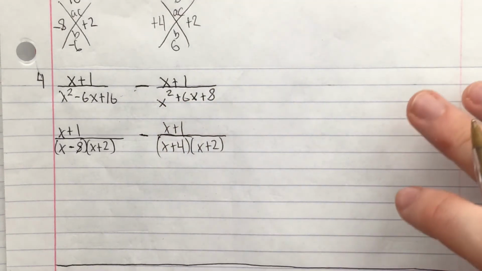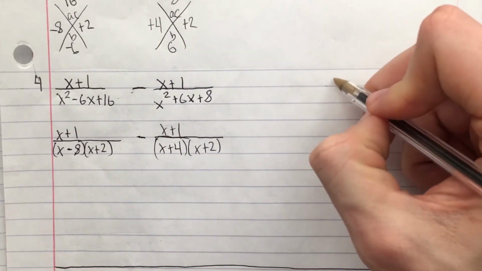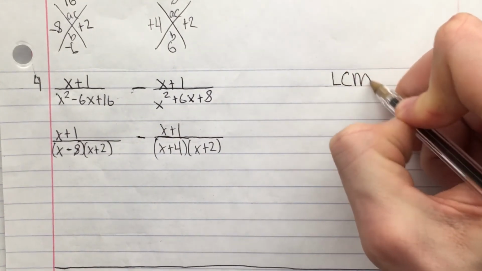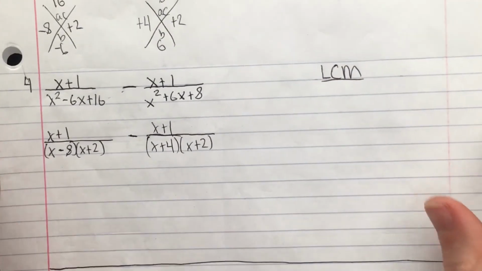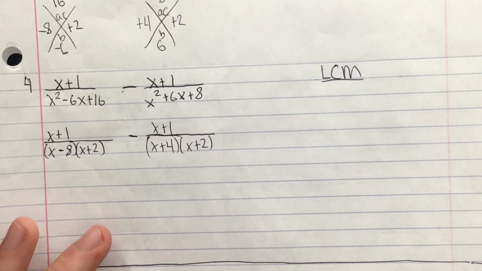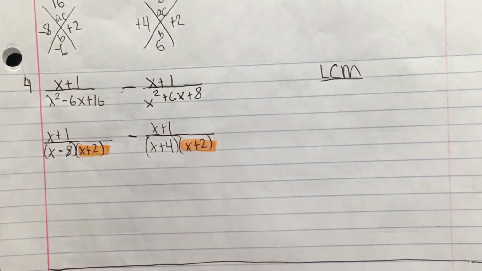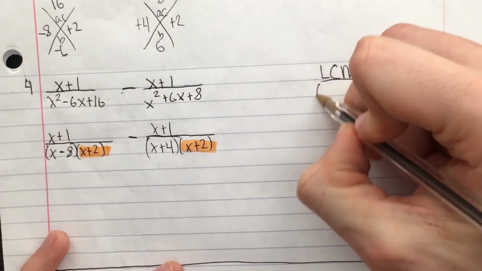And now we're ready to find our least common multiple, or LCM. For our LCM, we need to make sure to include each of these factors. Is there anything common? They've both got this x plus 2, so I'm going to include one x plus 2.